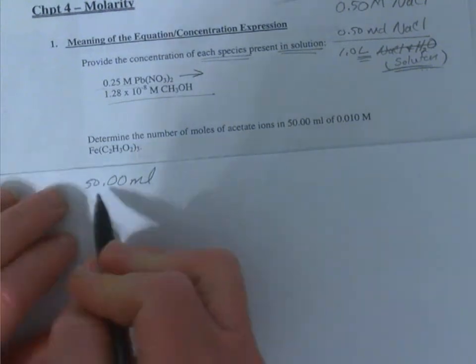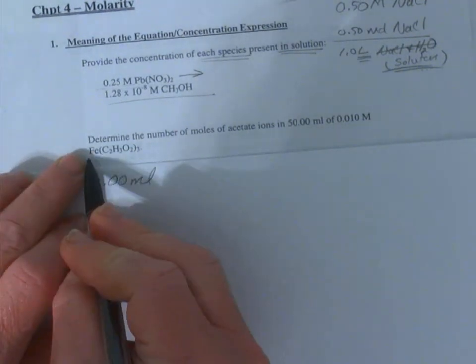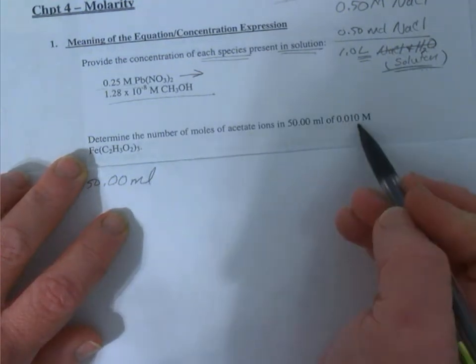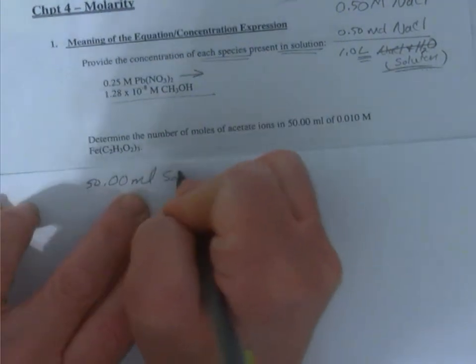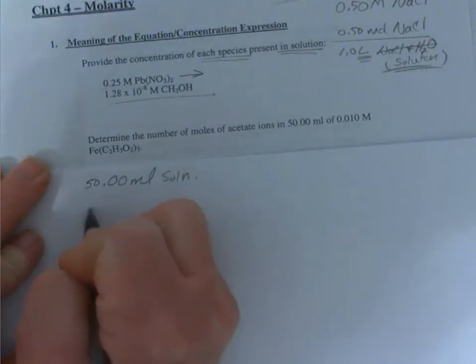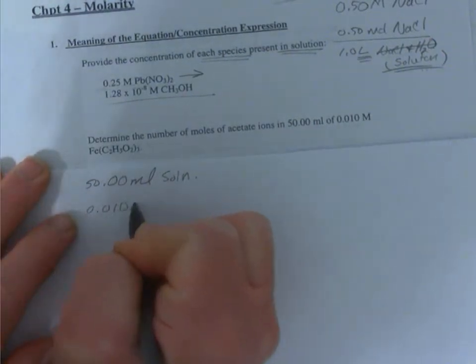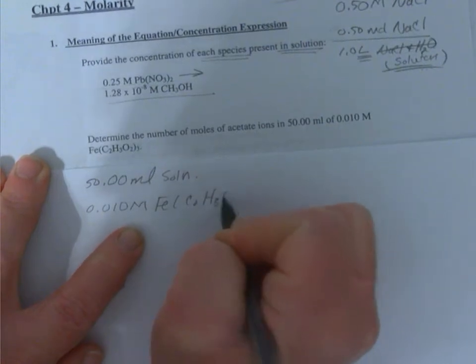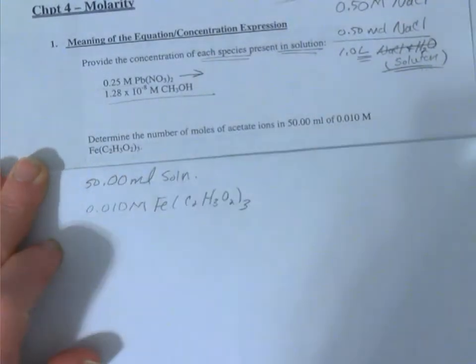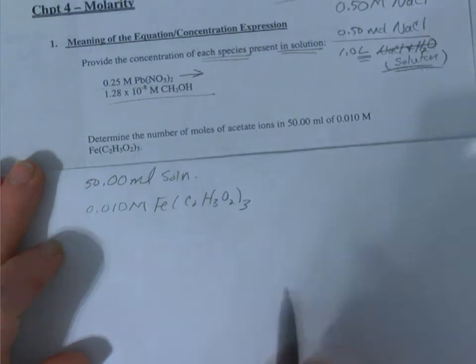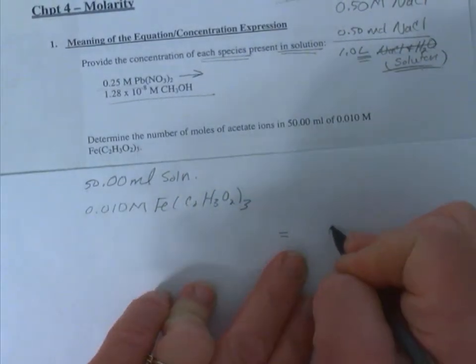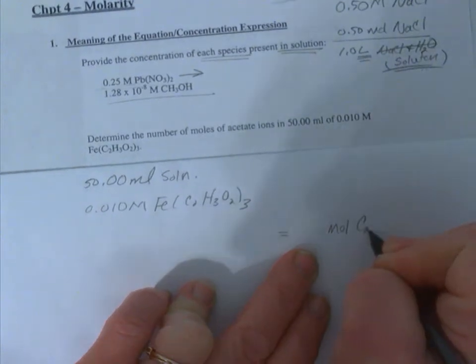So I'm given 50 milliliters of my iron 3 acetate solution. So this is 50 mL of my solution. And my solution is 0.010 molar Fe(C2H3O2)3. Okay. I want, at the end of my problem, to get moles of just the acetate.